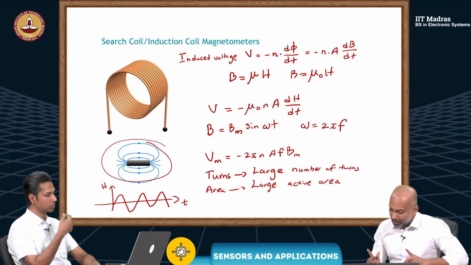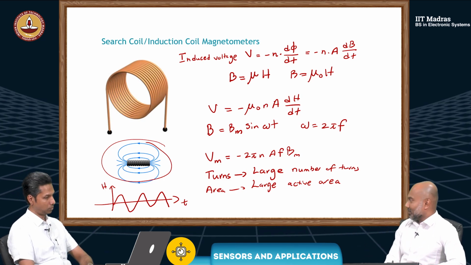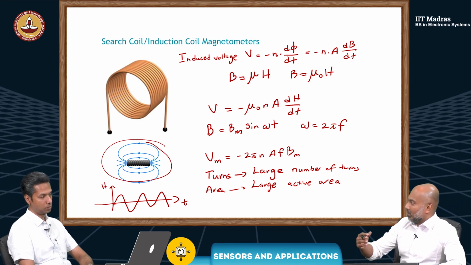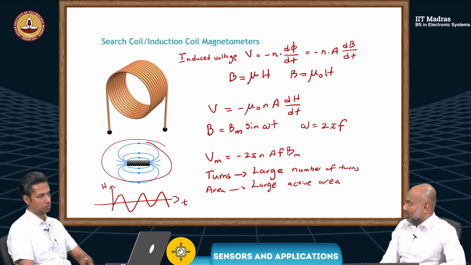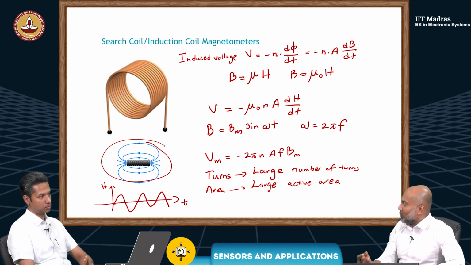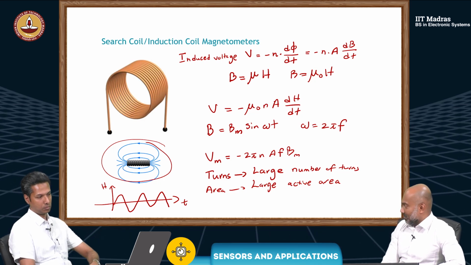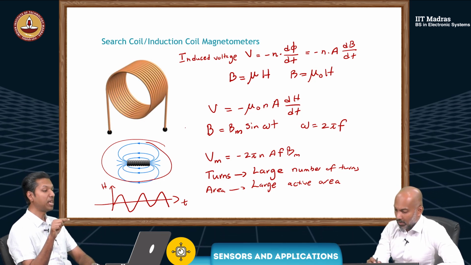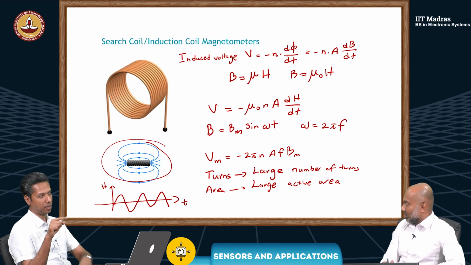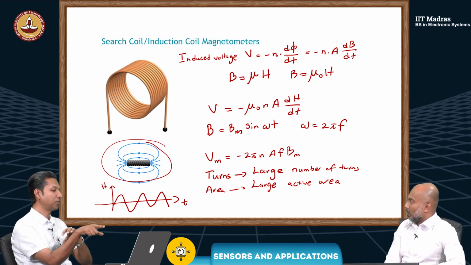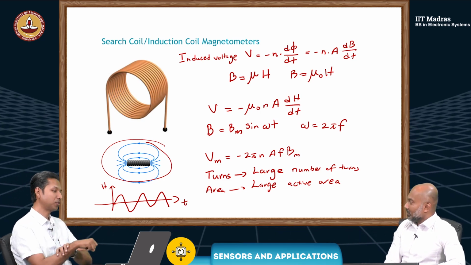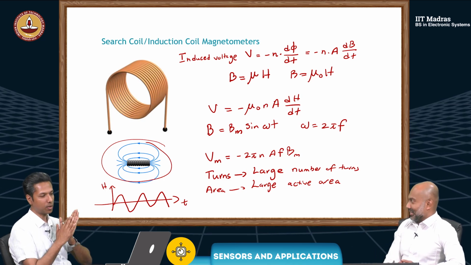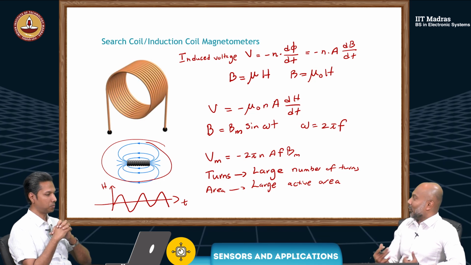And another thing, the output. In the back end, you somehow have to integrate that, right? If you want the B(t) waveform. But if it's only Bm that we are looking for, then integration is not required.